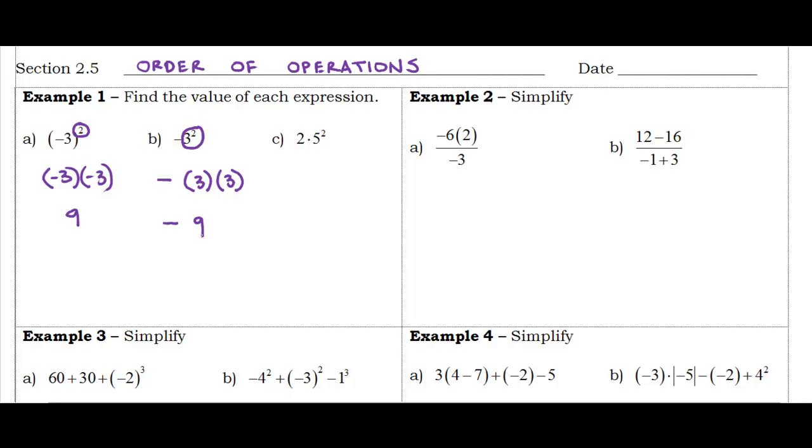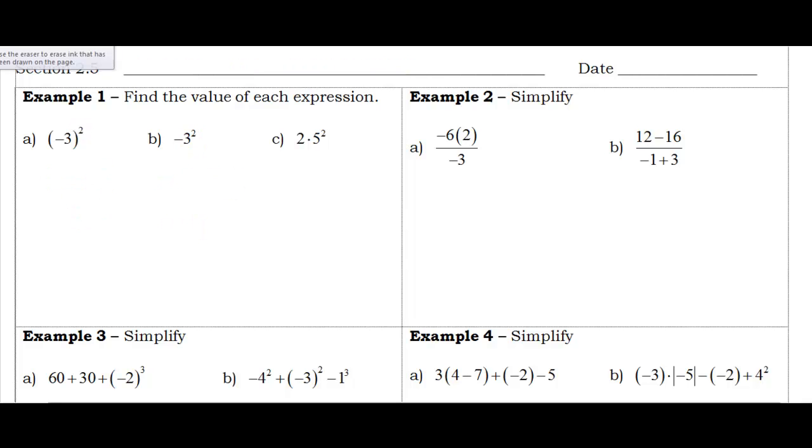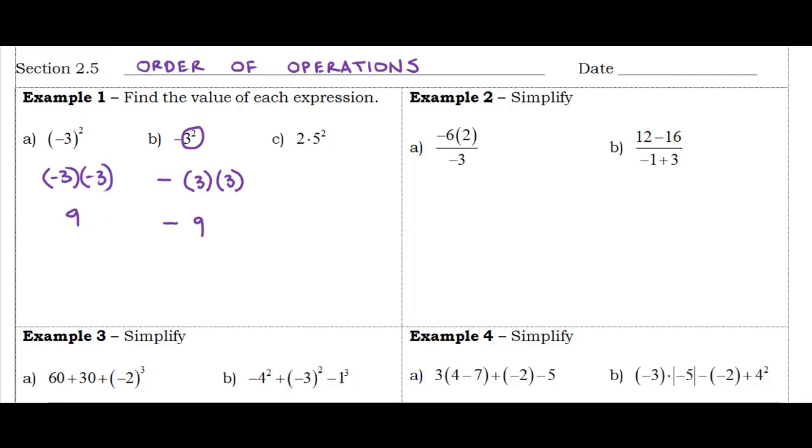Okay? So, in a way, one thing we can say is we consider what's in the parentheses first, don't we? In fact, here's how we can write this. We do parentheses or brackets, any kind of grouping symbols first.